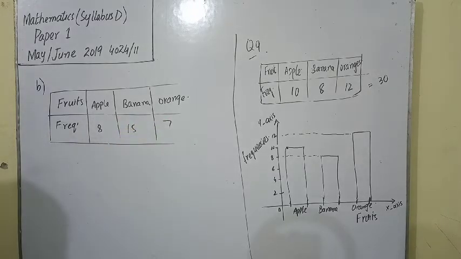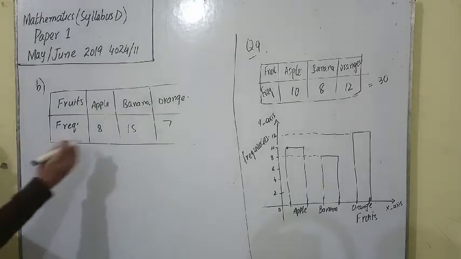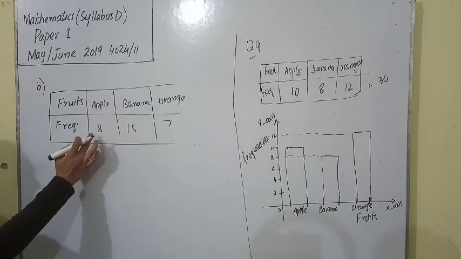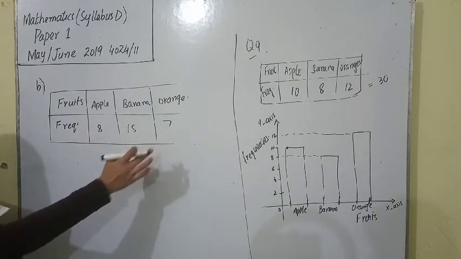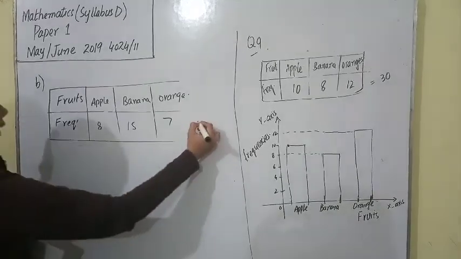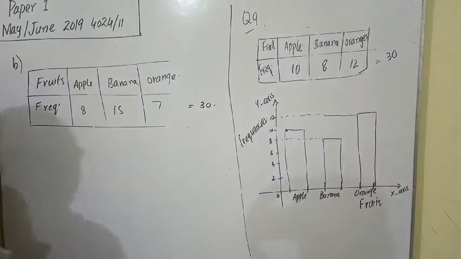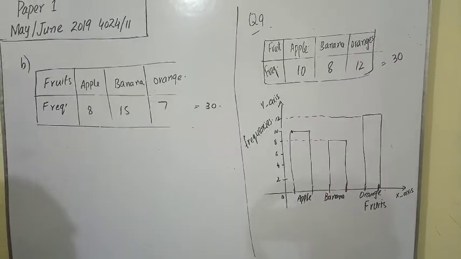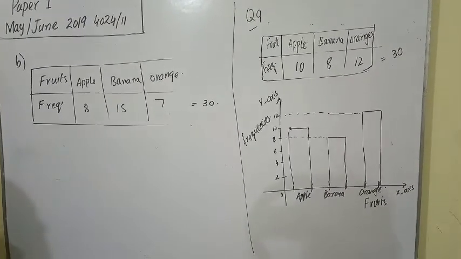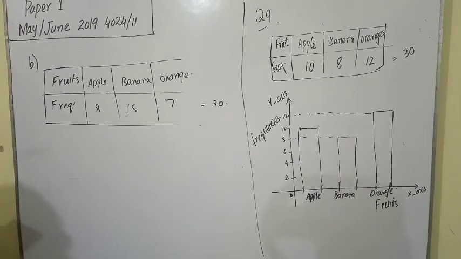Now we have to use Ahmed's result to estimate the probability that a student selected at random chooses an orange. As you can see, the total is 8 plus 15 plus 7, so 30 in number. So the total number of students is 30, and how many students want to select oranges?